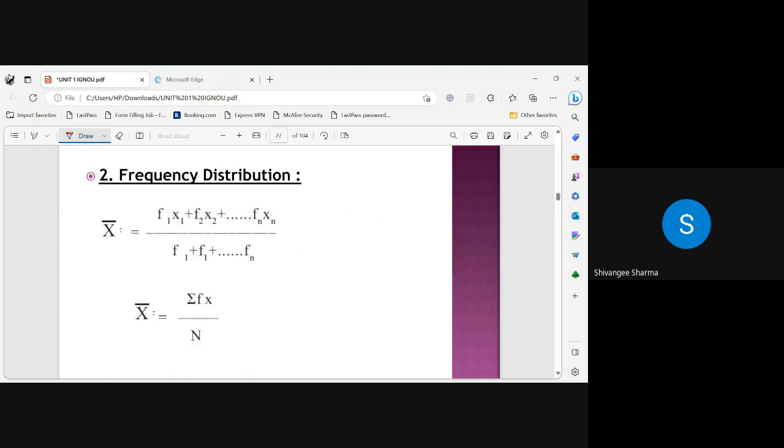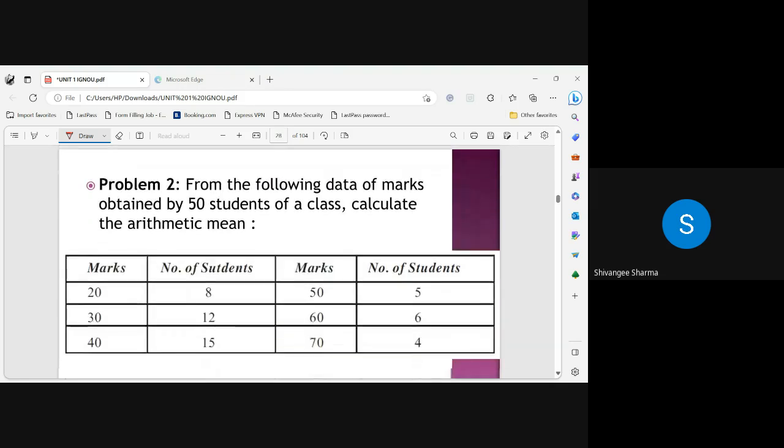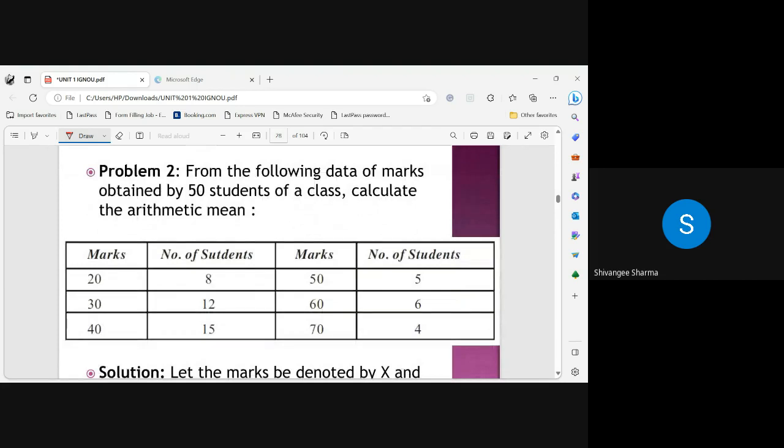If there is a frequency distribution given, then what you do, you multiply the particular frequency with the particular data and add all of them. Let's take the example for this. From the following data of marks obtained by 50 students of a class, calculate the arithmetic mean.